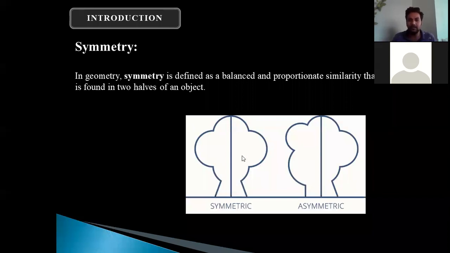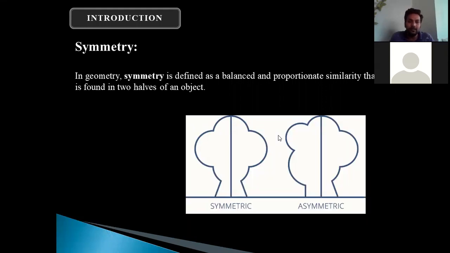You can see here in the picture given below how two different objects are shown, where one object is symmetric and another object is asymmetric. So, symmetry is a very important and crucial thing in nature.